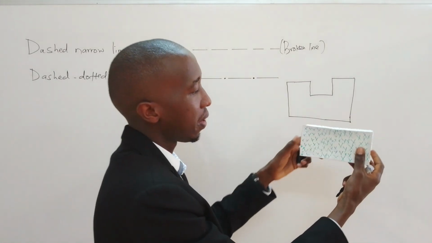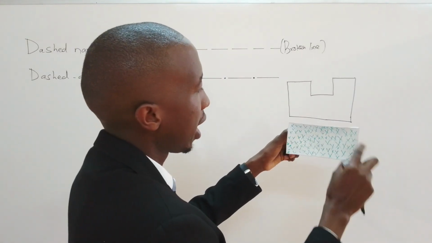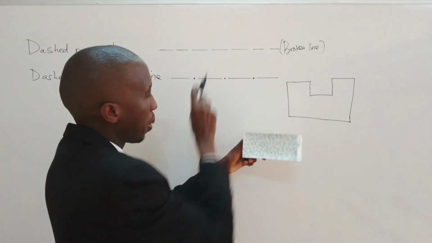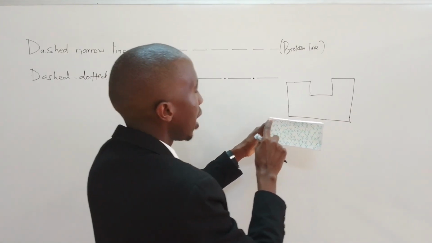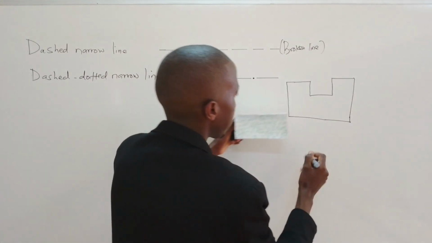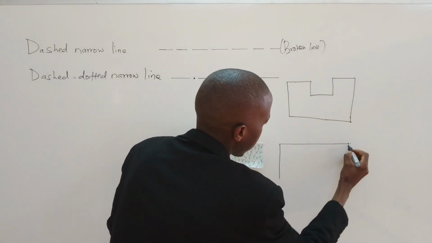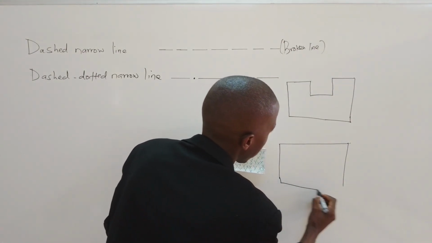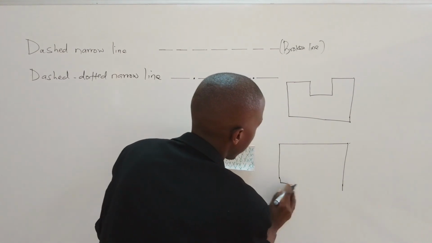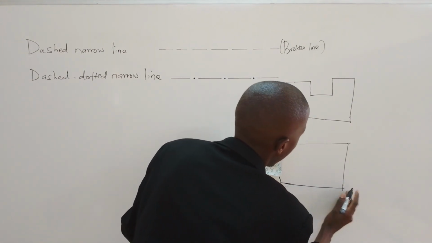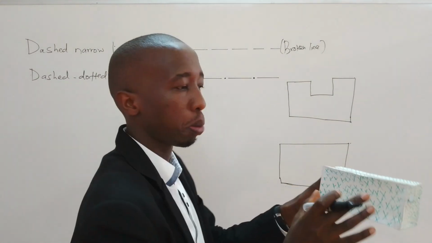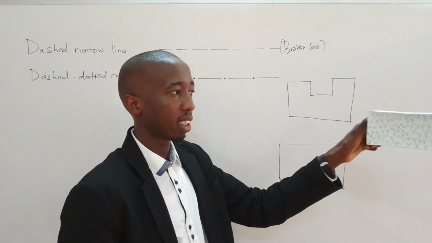Now if you view from this point, this is where this line will apply. Now you will have a rectangular shape. This is the rectangular shape. Now, this is what is visible to our eyes.